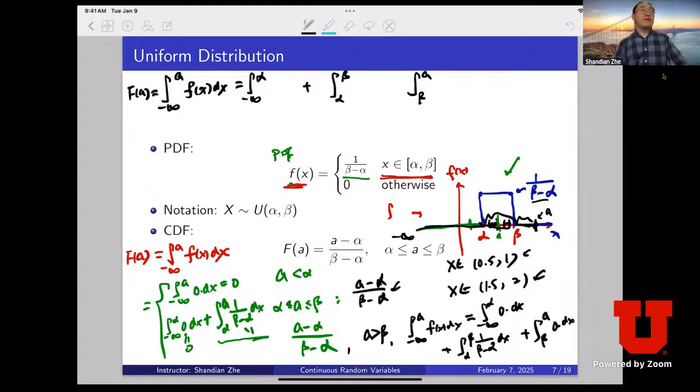Do we agree? Everyone's comfortable, right? Why do we break them into 3 integrations? It is just because the PDF, the small f here, will take different values on these 3 ranges. We want to deal with them separately and then aggregate the results together by summation, right?